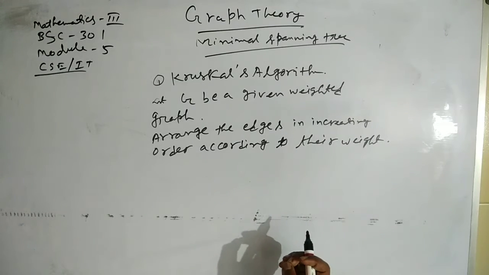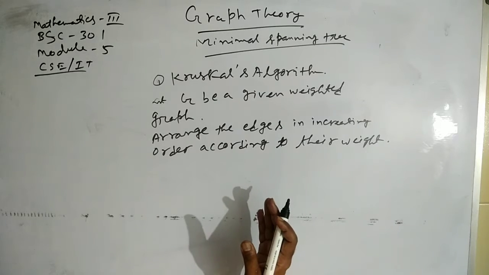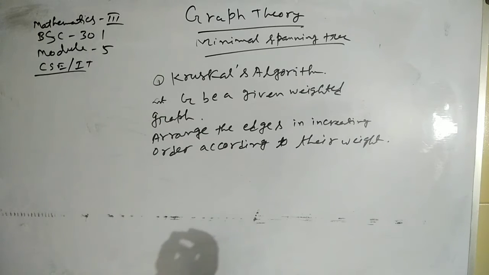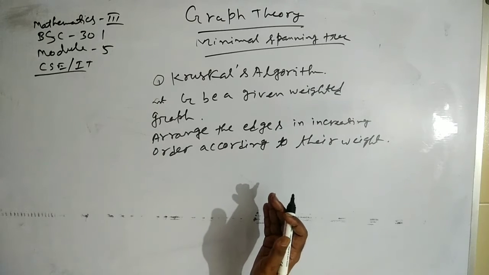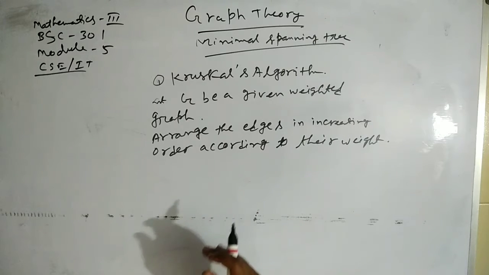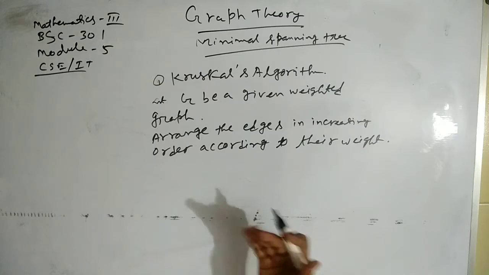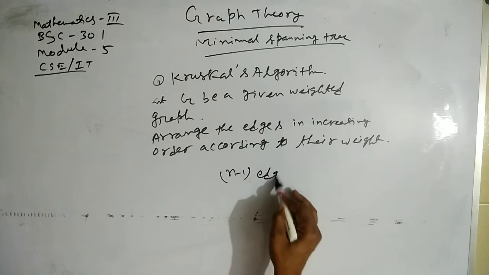Next, you have to draw the edges starting from the first, that is, the edge with minimum weight, and you will continue until you get n-1 edges.